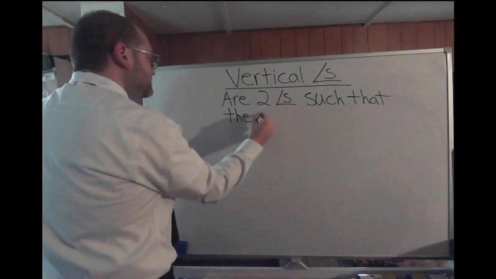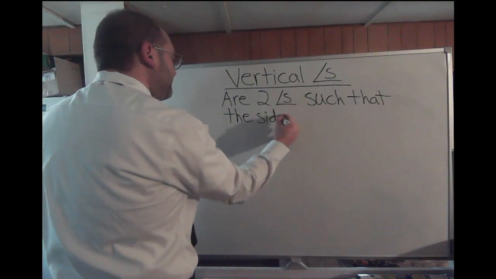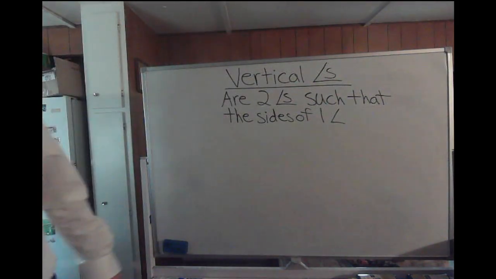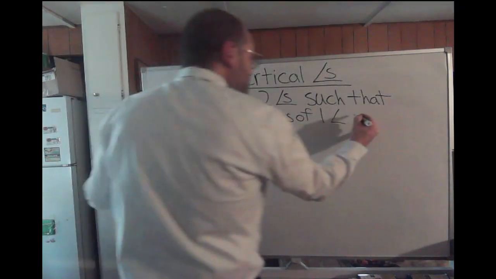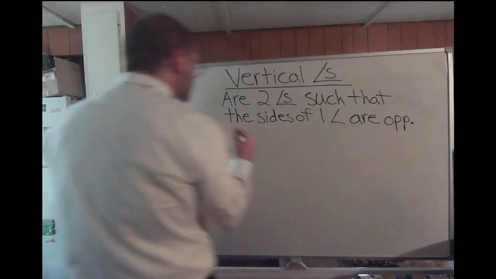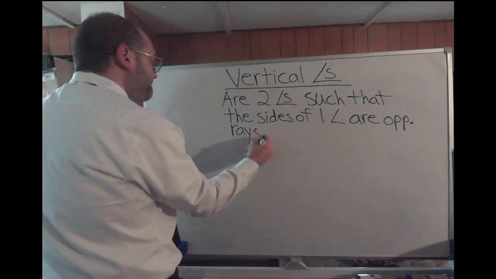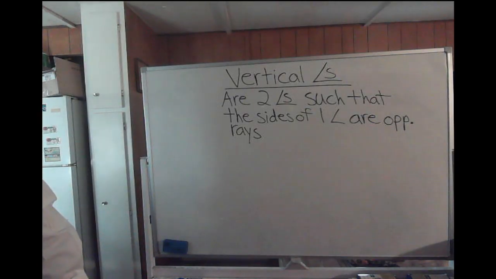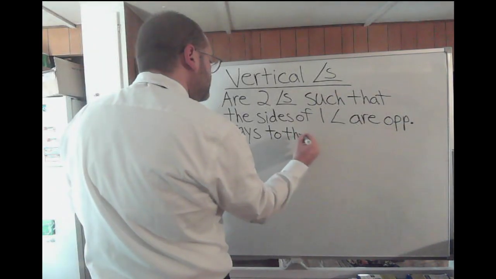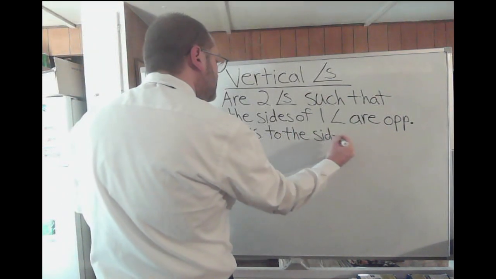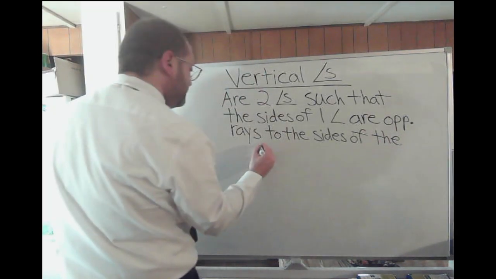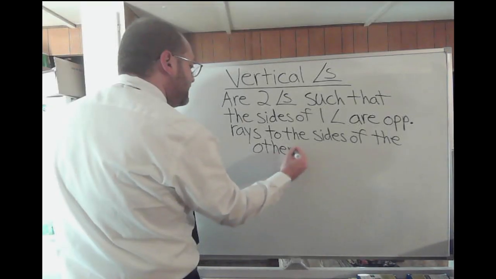The sides of one angle are opposite rays to the sides of the other angle.